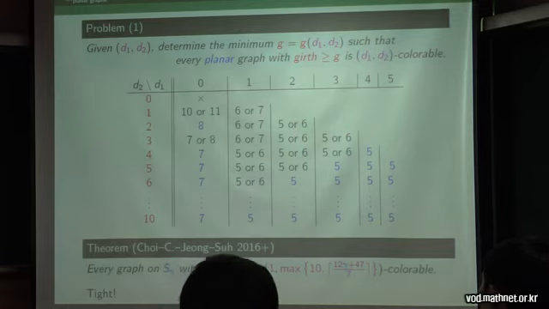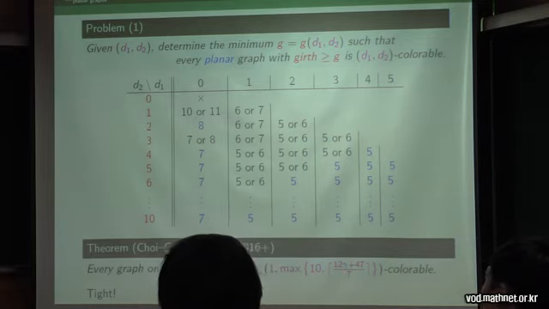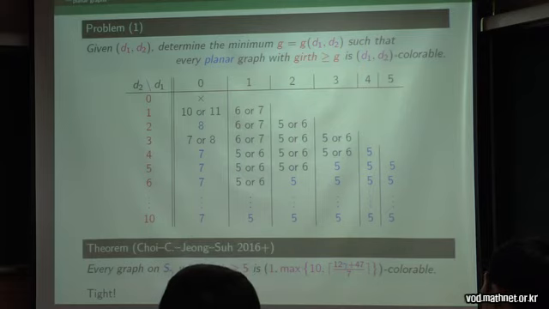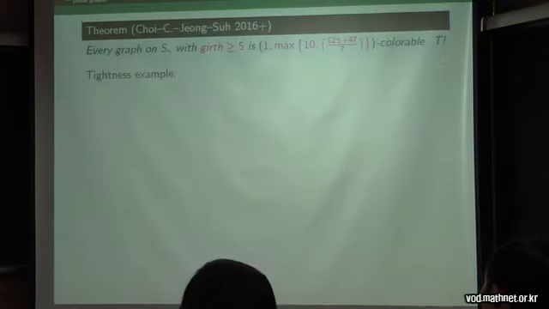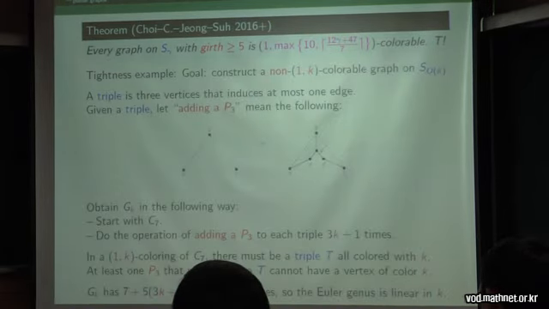Of course, it's not tight in the sense that the constants match exactly, but the growth rate is correct. The fact that it's linear in gamma, we were able to come up with a construction that's tight. Okay. And I have the tightness example here, but I don't have time, so I'll skip it.